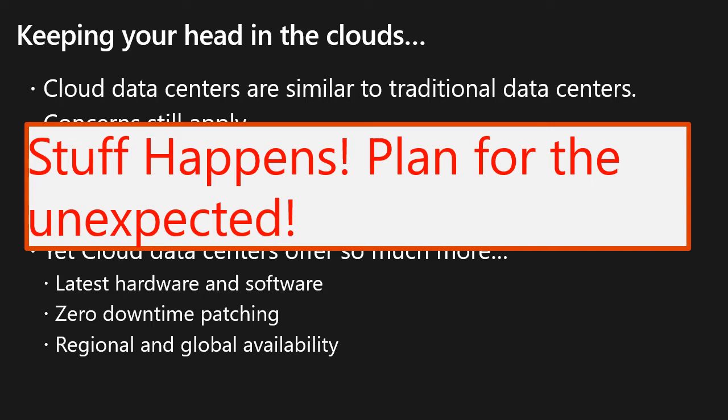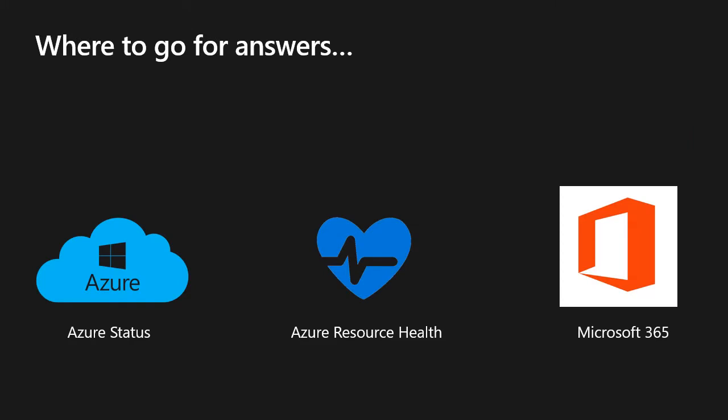So let's take a look into some areas we can go to for answers. As this is a monitoring the Power Platform session, we'll cover Azure status, Azure Resource Health, and Microsoft 365. Azure status will help us look at the overall Azure data centers that our software as a service is running on, the front door such as Azure AD and so forth.